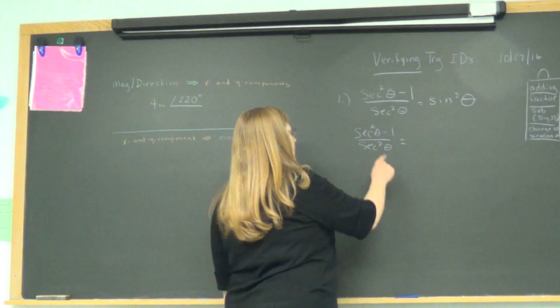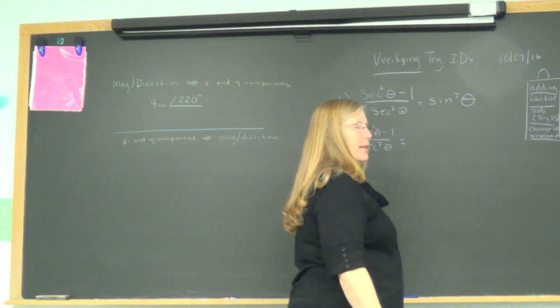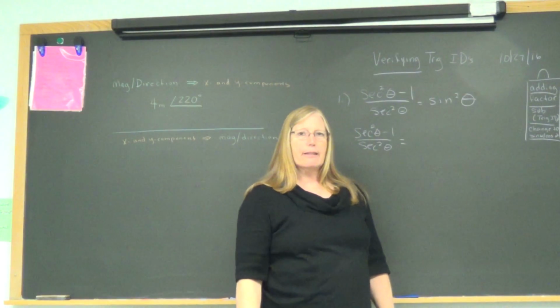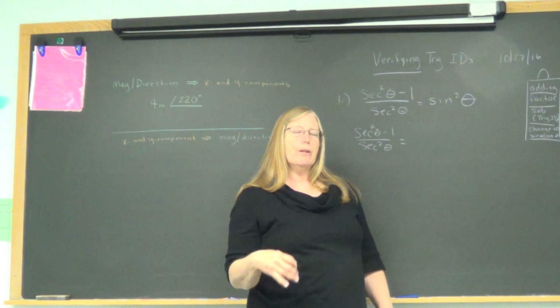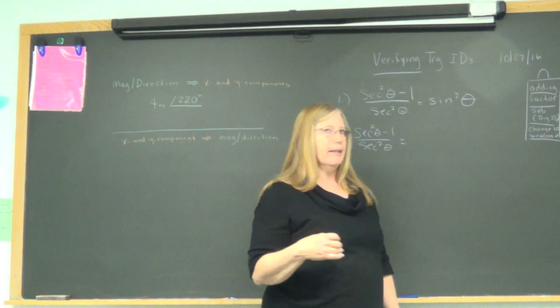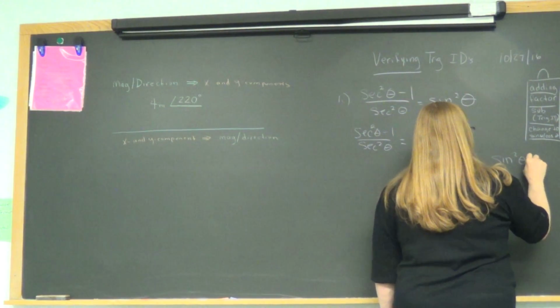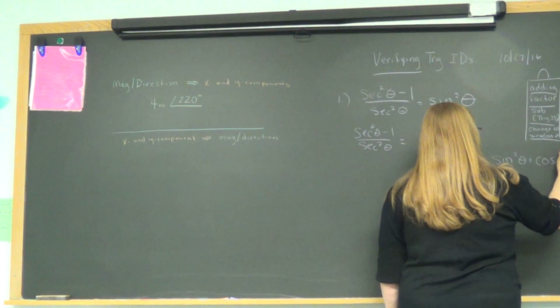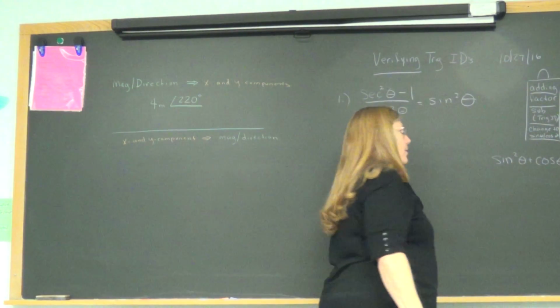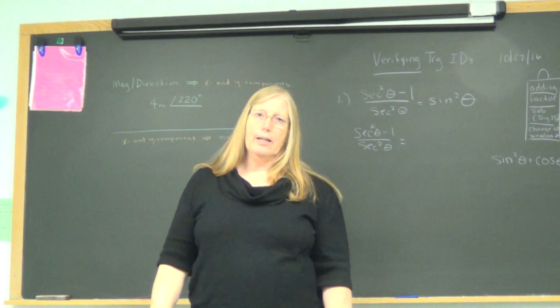So I'm going to observe this, and it looks like one of those Pythagorean IDs. If I happen to be somewhere where I don't have my comp book to look at my list, I know this one by heart because it sticks easily. So sine squared plus cosine squared equals 1.